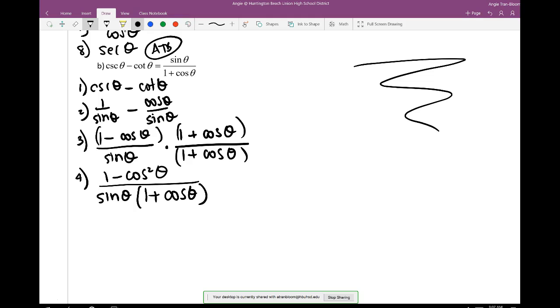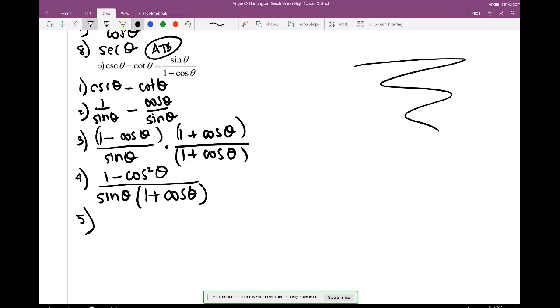Okay. Step 5. What do you think? Hayden, anything you want to try on step 5? If I factor out, when I go back to step 3, Hayden? Team Hayden, then.